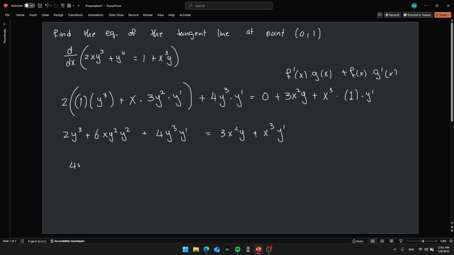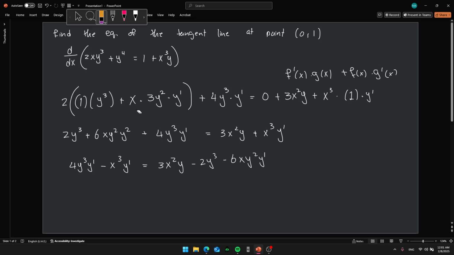So 4y cubed y prime minus x cubed y prime is equal to 3x squared y minus 2y cubed minus 6xy squared. Sorry, this is y prime. I'm pretty sure it is a y prime. Yeah, it is a y prime.